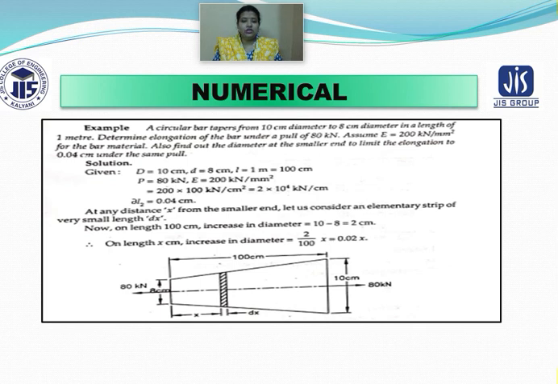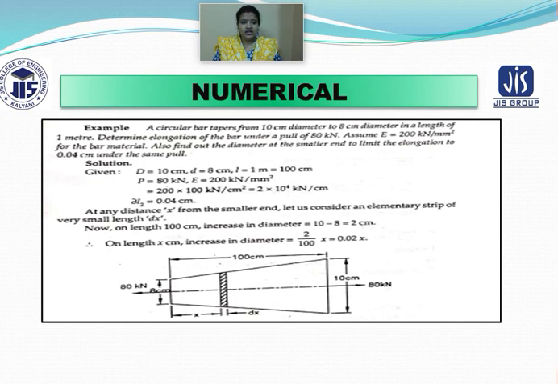That means the smaller end of the taper rod is 8 centimeter and the larger diameter is 10 centimeter, and the length is 1 meter, which you can represent in centimeter because other data are given in centimeter. So 1 meter is equal to 100 centimeter.